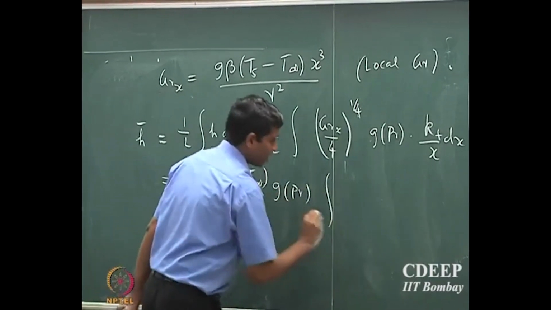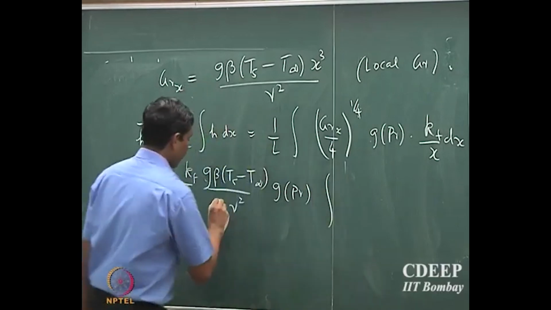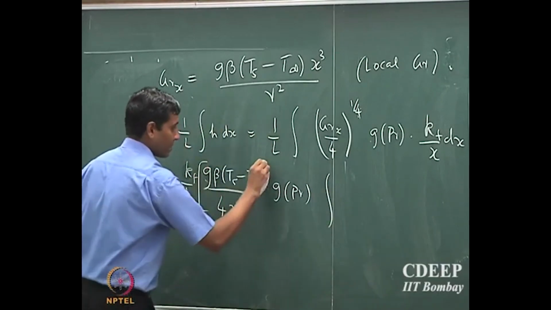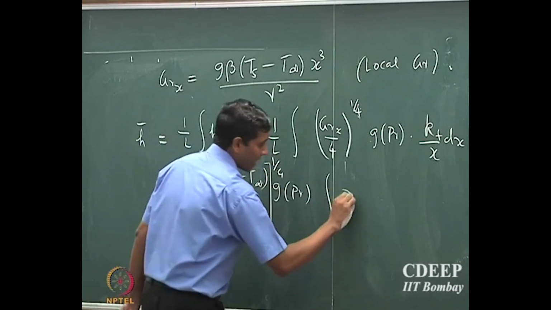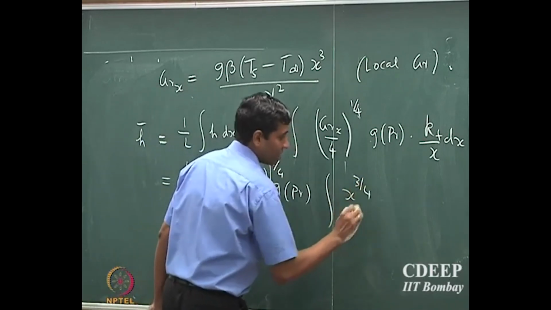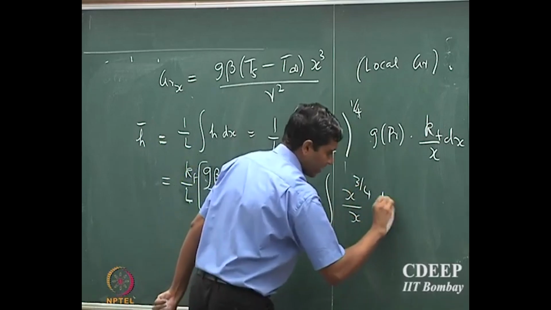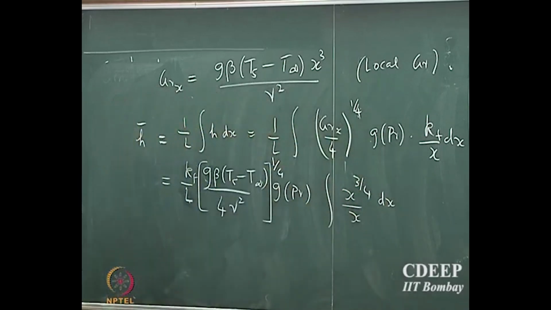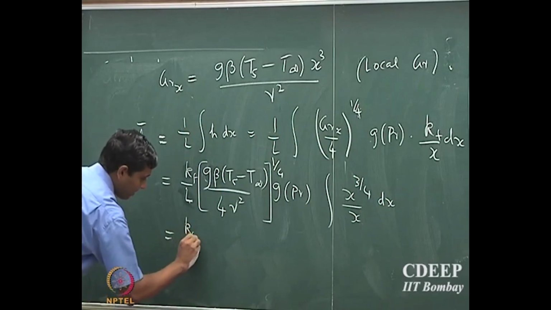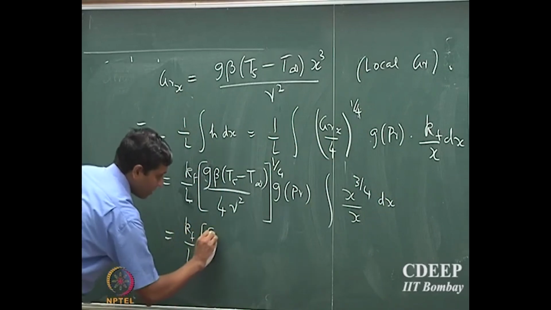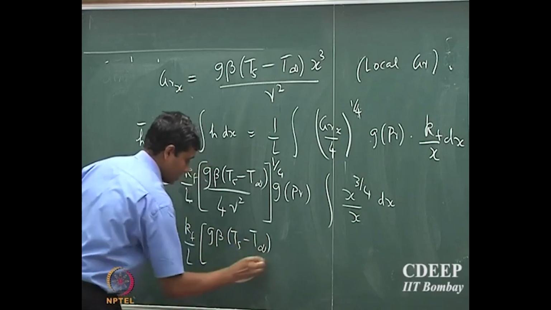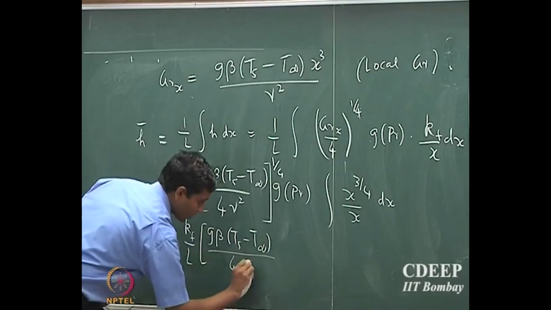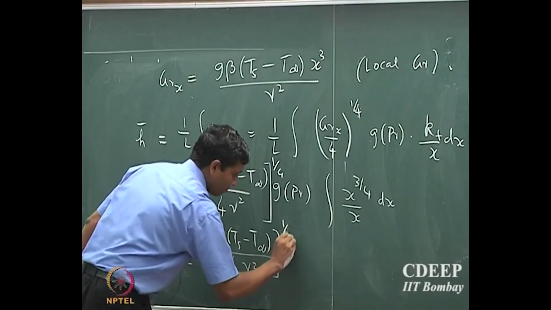So there will be an integral of x to the power of 3 by 4 divided by x into dx, to the power of 1 by 4, and that will be Kf by L times g beta Ts minus T infinity by 4 mu square to the power of 1 by 4.